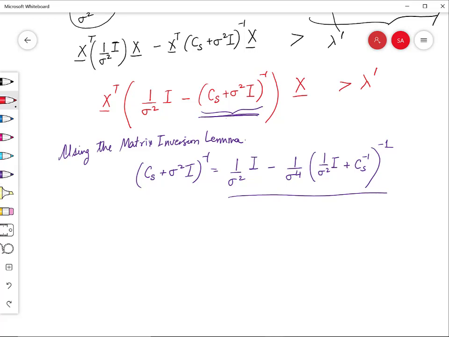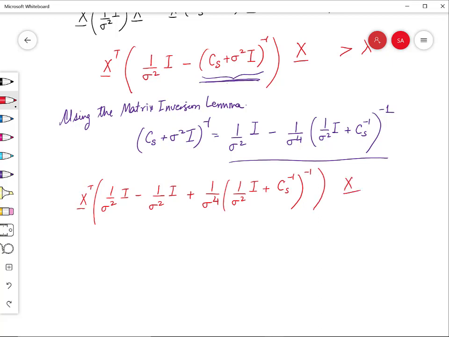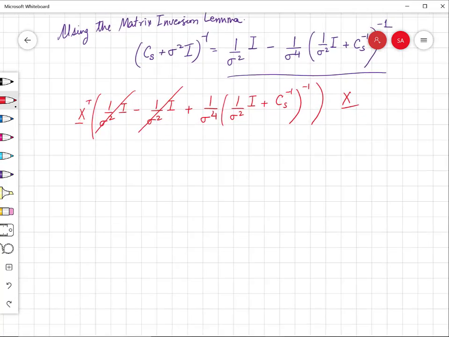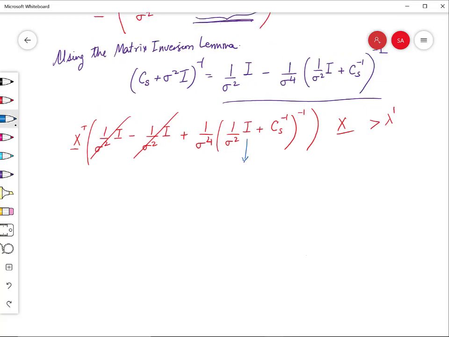So let's do that. This becomes x transpose 1 over sigma square I minus, this becomes 1 over sigma square I plus 1 over sigma power 4 1 over sigma square I plus Cs inverse x, right? And you can see these two things get cancelled. Now I'm going to do one last thing here. I'm going to write this identity as Cs inverse.